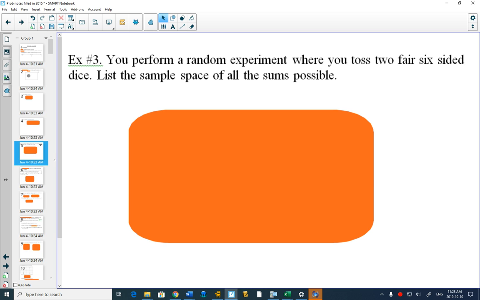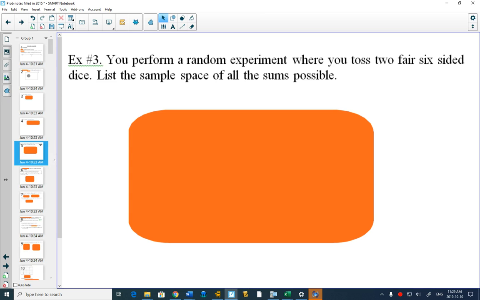Now you're like, I'm having so much fun in class, flipping coins and rolling dice. I want to do those things. This time I'm doing 2 6-sided dice. How many possibilities are there going to be? 36. I could have got a 1 and a 3.